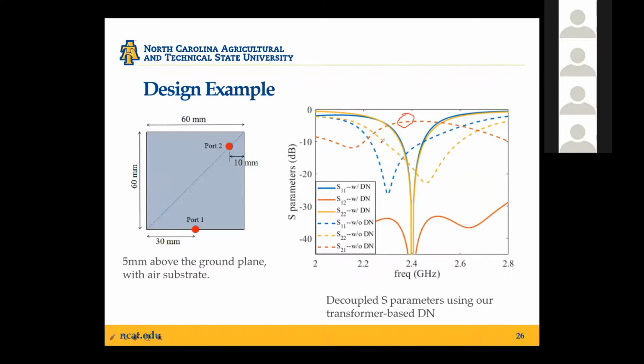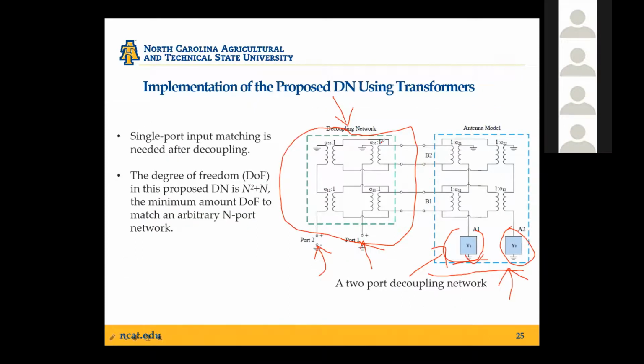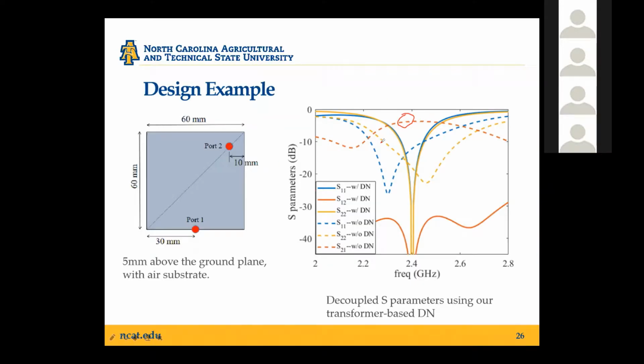So you can see that the two-port antenna has pretty strong coupling between them. But by designing a 2x2 transformer network, we can achieve the decoupling. And of course, you need to add single port matching. And that did a pretty good job in terms of decoupling and matching for this highly coupled system.